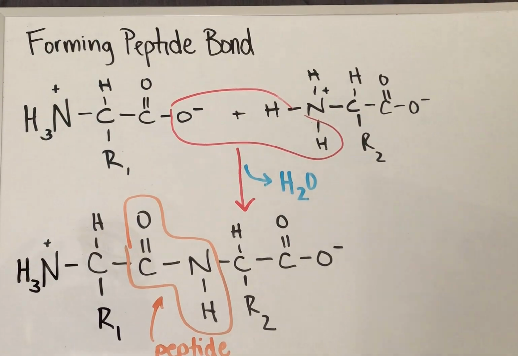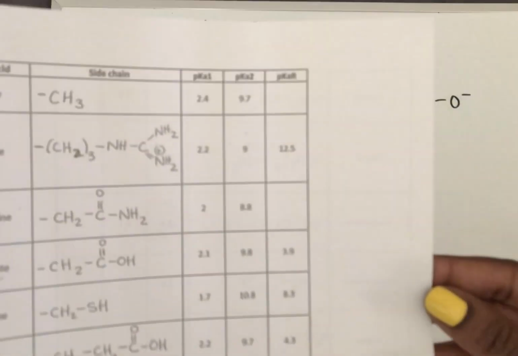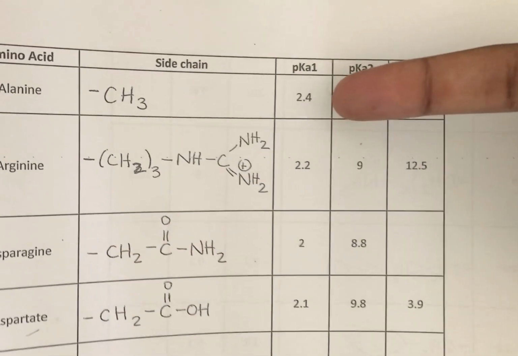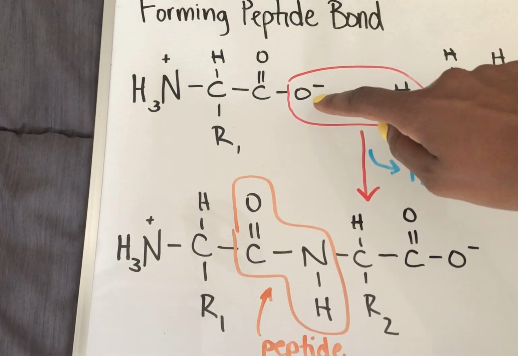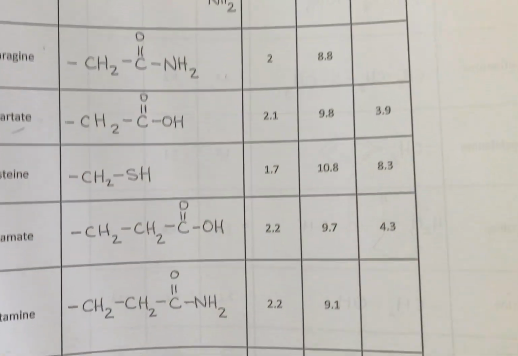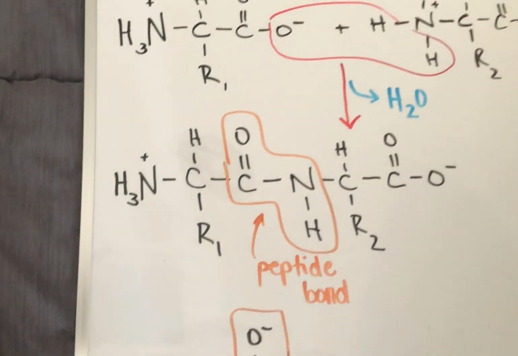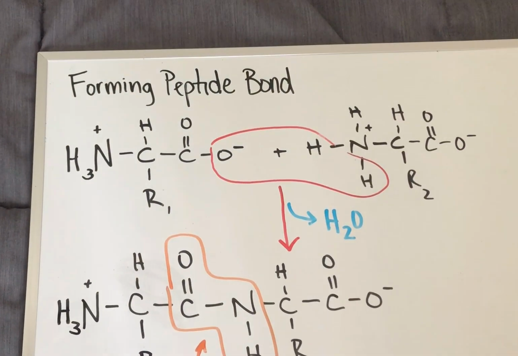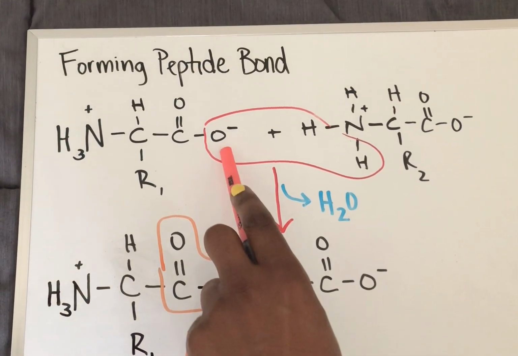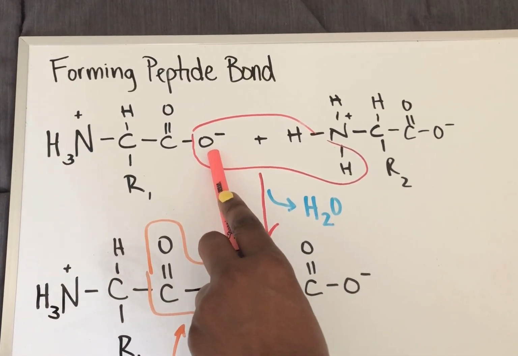So if we are looking back at our chart that we created, we would see that the pKa1s corresponding to the carboxylic acid end are all around the number 2. Therefore, if we are talking about our physiological pH of 7, that hydrogen would already be gone. So we have no hydrogen here, but the oxygen is still present.